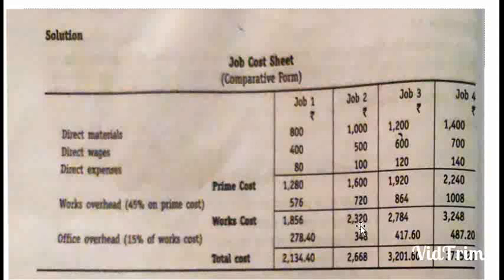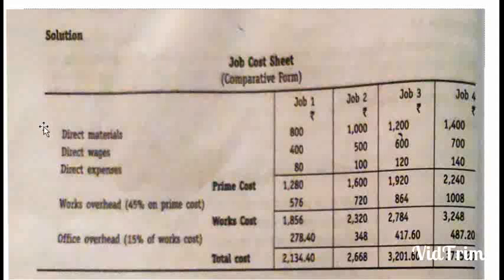Then for job 2, 2320 plus 348 will give you 2668. Then for job 3, 2784 plus 417.60 will give you 3201.60. Then for job 4, 3248 plus 487.20 will give you 3735.20. This is your first problem solution.